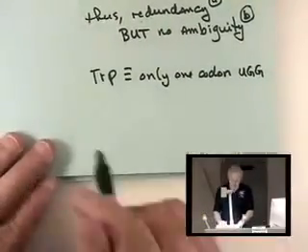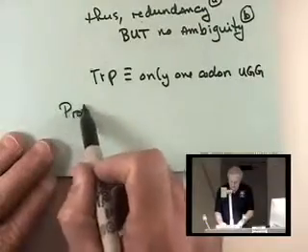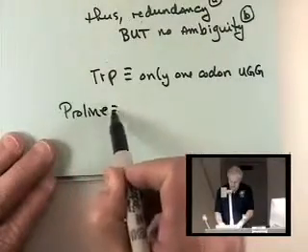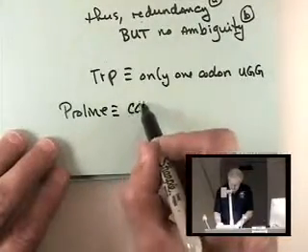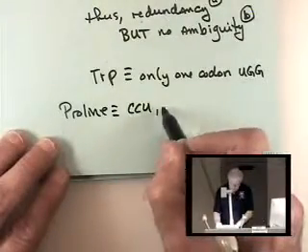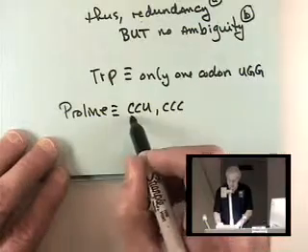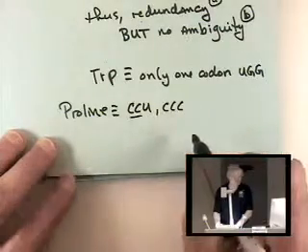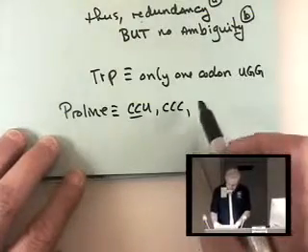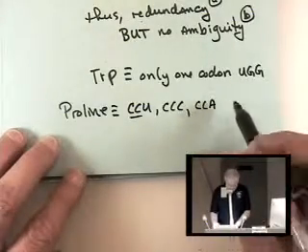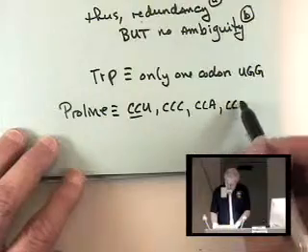But let's consider proline. Can you have a CCU or a CCC? Start noting that these first two are going to be the same in all of these codons that are redundant for this amino acid. CCA and CCG.